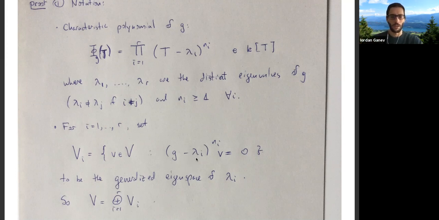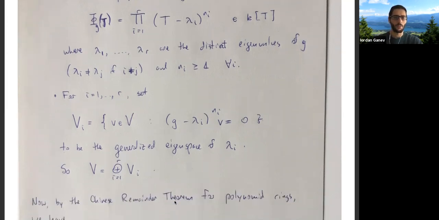So it's all the vectors that vanish under this endomorphism. If we didn't put n sub i, if we just had G minus lambda i, that would be the eigenspace, but because we allow ourselves this n sub i, we get the generalized eigenspace of lambda i, and we have this direct sum decomposition. This is just linear algebra. This whole proof will just be a whole bunch of linear algebra.